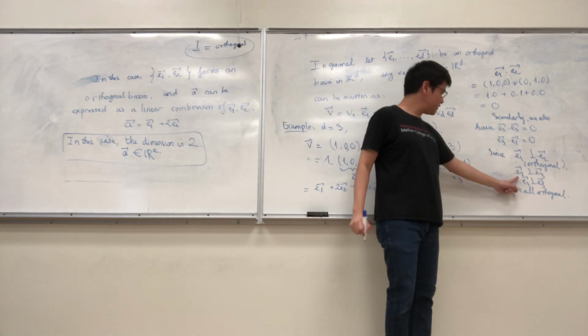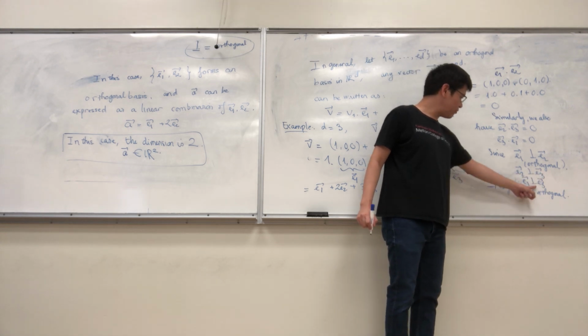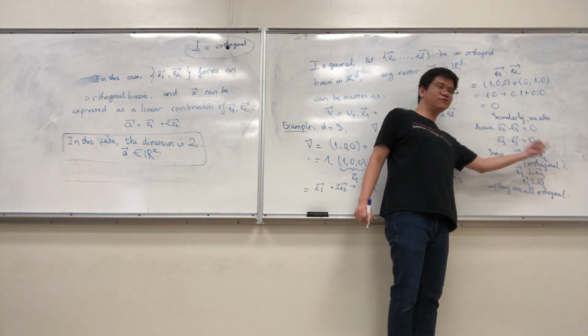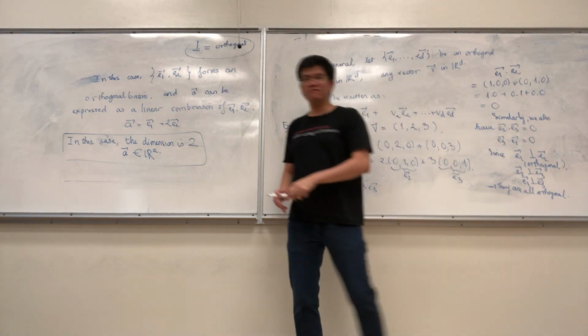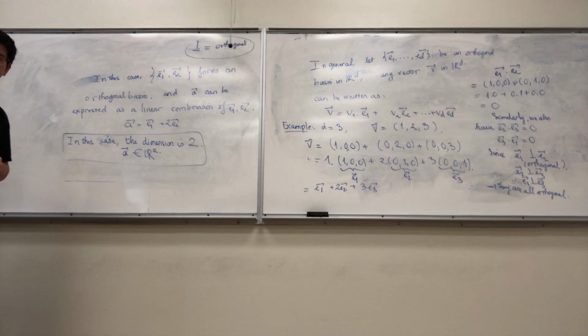And then you also have E2 is orthogonal to E3 and E1 is orthogonal to E3. So this basis has all of the components being orthogonal, right? Questions? It's clear?